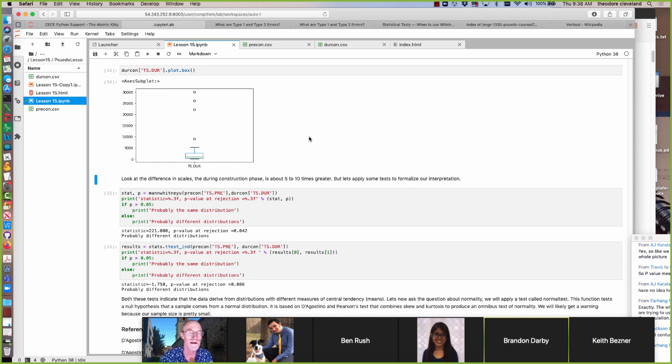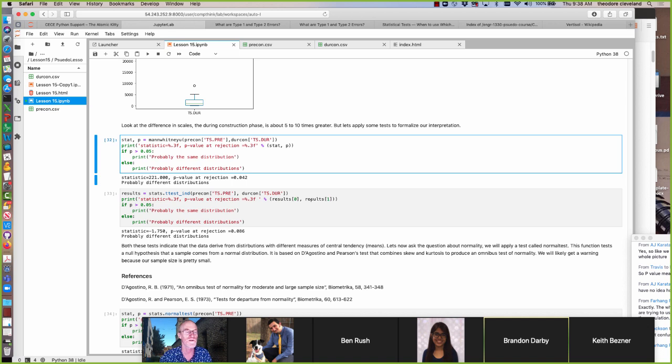And during the construction phase, we're seeing about 5 to 10 times greater solids. But let's go ahead and apply some tests to support or refute that assertion. First we'll do a non-parametric test, and what we're going to test is: is the mean value during construction different from the mean value pre-construction?